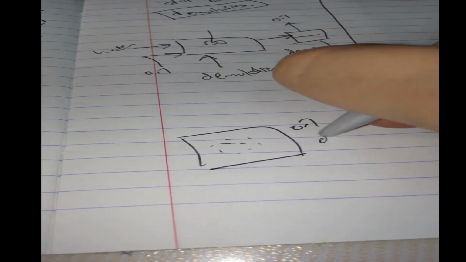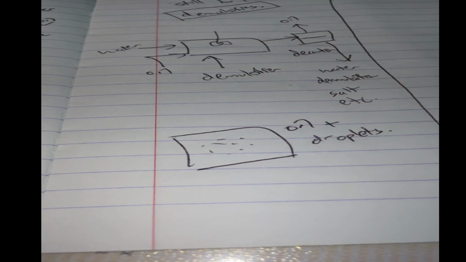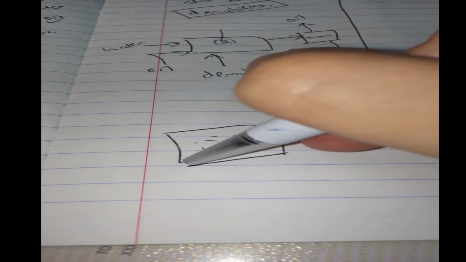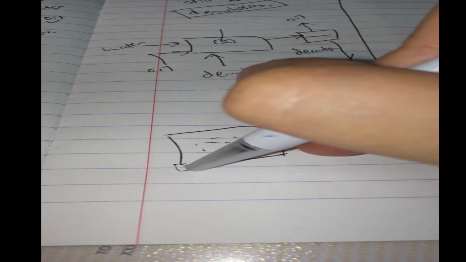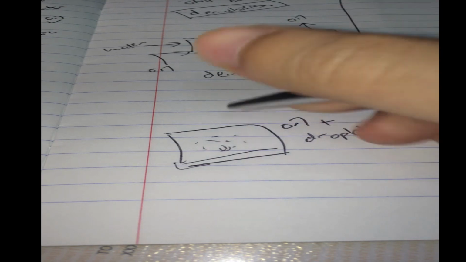So all these droplets of water, which is the water phase. And if you're going to wait for all these droplets to drop to the bottom, just by gravity, it's going to take ages. So how do you speed up the process? The first thing you want to do is to actually unthicken the oil.